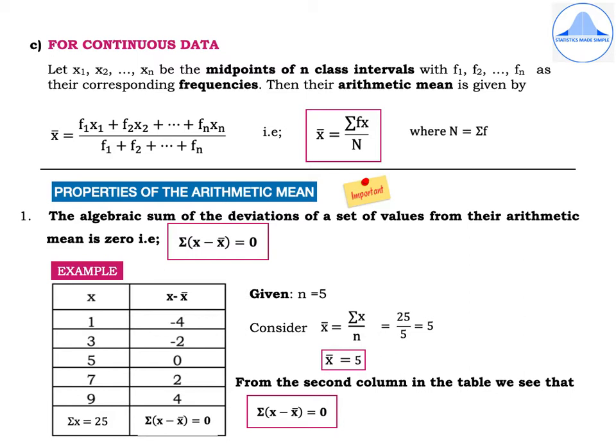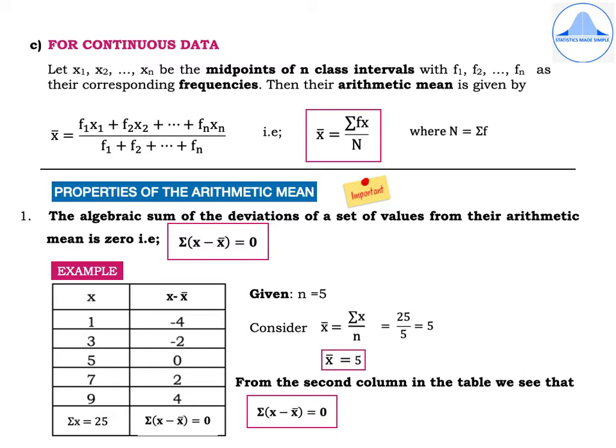Let us now learn the properties of the arithmetic mean, which is again a very important question. The first property: the algebraic sum of the deviations of a set of values from their arithmetic mean is 0. So algebraic sum means summation. Deviations of a set of values from the arithmetic mean.